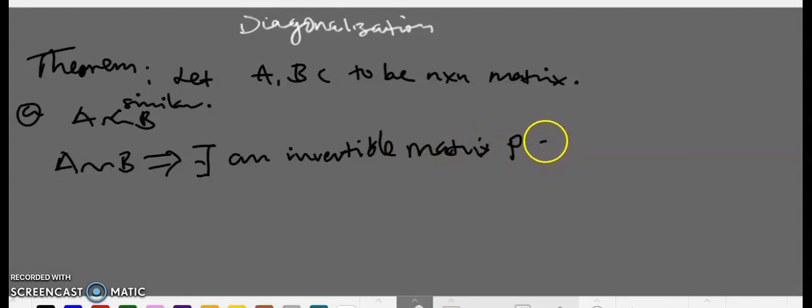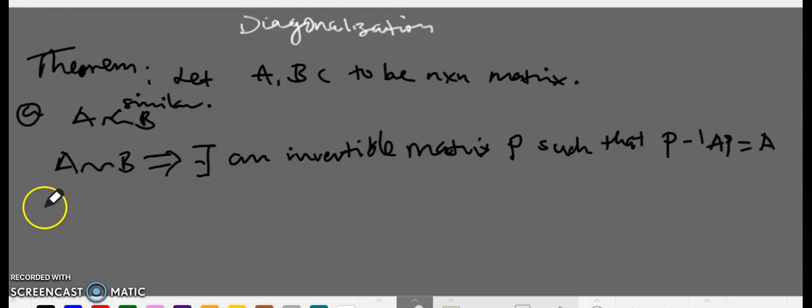Matrix P, such that P inverse, like we said initially, of AP is equal to A. Let us take P to be equal to some identity matrix, like you observed initially when we were looking for eigenvalues and eigenvectors.